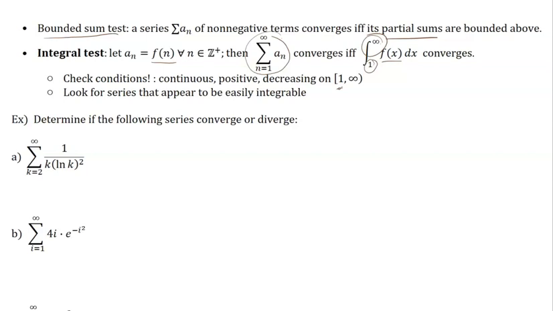And I've got another note here that says, look for series that appear to be easily integrable. What that means is if I'm looking at a series and I'm looking at the a sub n, the rule inside the summation, and I say, hey, I bet I could take the integral of that pretty easily, that would mean that the integral test would be an appropriate test. If I have something inside here that I don't know how to integrate, for example factorials, we don't have a method for integrating factorials, okay?